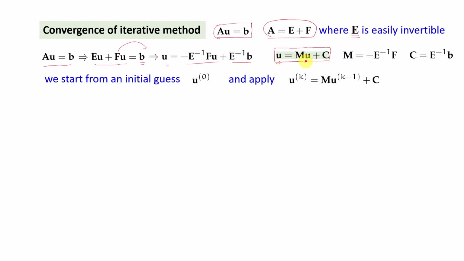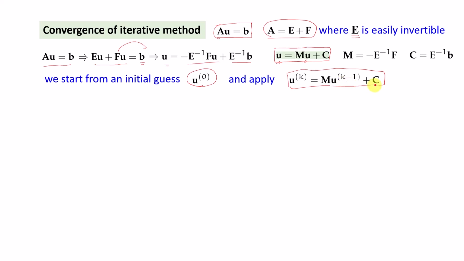What we do is assume we know U0, our initial guess, put that initial guess on the right hand side and calculate U1 from the left hand side. So our algorithm becomes Uk equals M Uk minus 1 plus C, where k minus 1 starts from 0, where I put the initial guess.